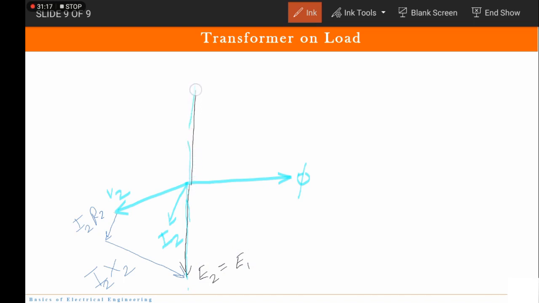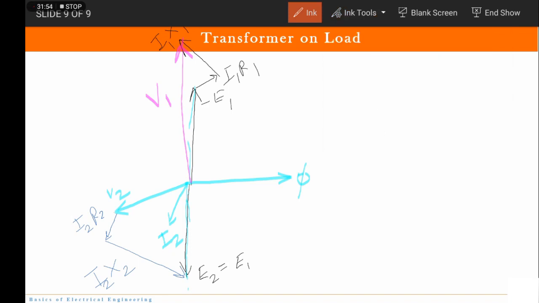Here I will have minus E1. To this I will add I1R1, and again I will add I1X1, and the resultant will be V1. Again, this is not complete.